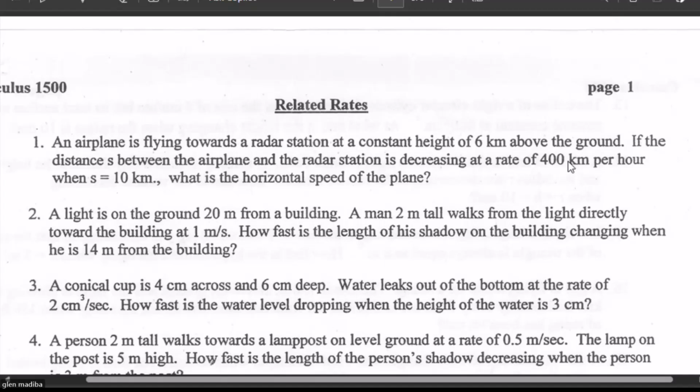Because if it's asking how fast the length of his shadow is moving on the building at 14 meters, that means at 14 meters, his shadow is appearing on the building, right?